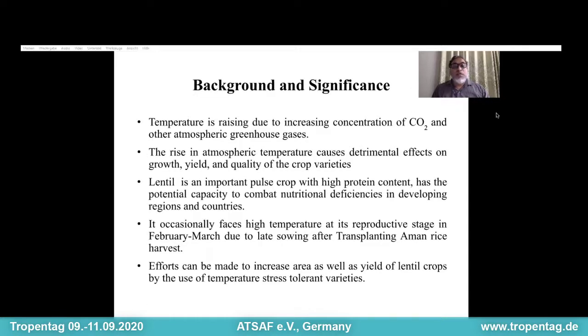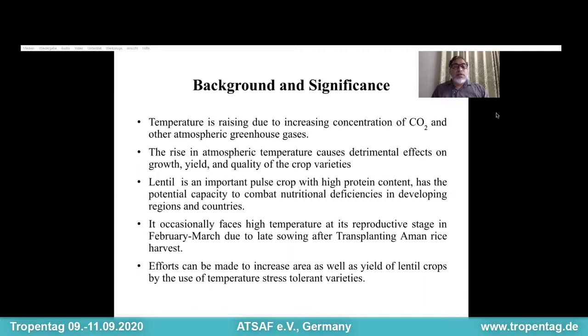I can tell you some background and significance of this study. We know temperature is rising due to increasing concentration of carbon dioxide and other atmospheric greenhouse gases.